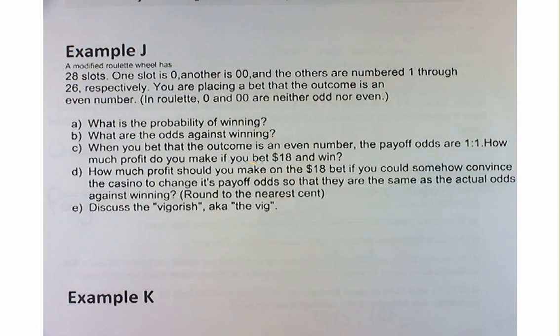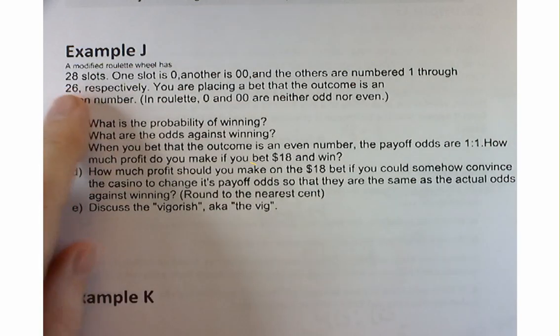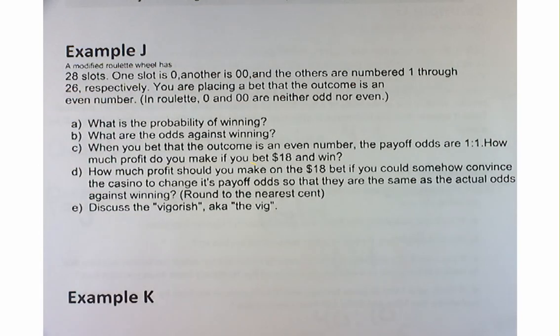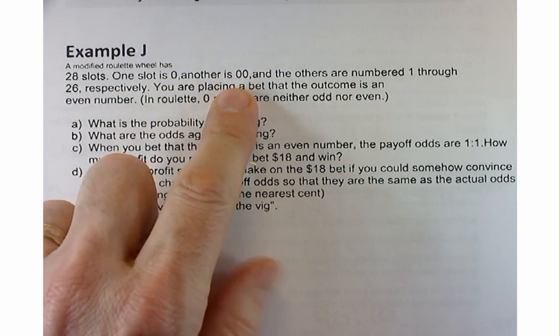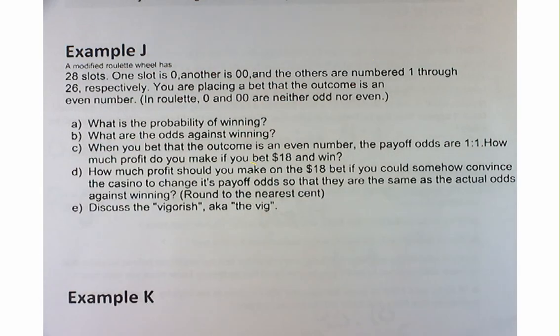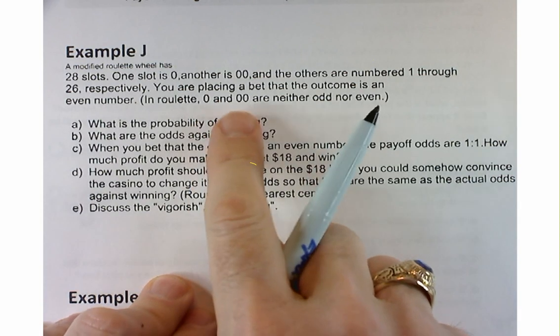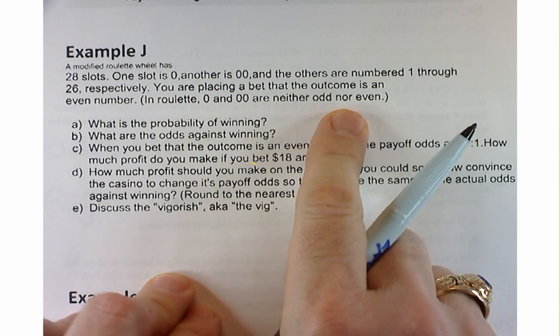A modified roulette wheel has 28 slots. One slot is 0, another one is 00, and the others are numbered 1 through 26 respectively. You're placing a bet that the outcome is an even number. In a roulette wheel, 0 and 00 are neither odd nor even.